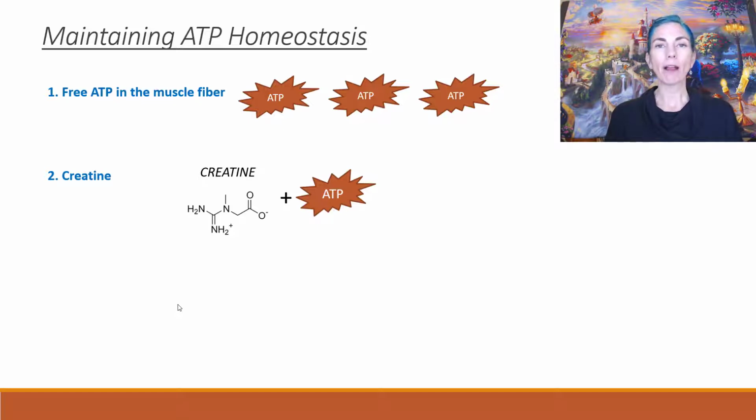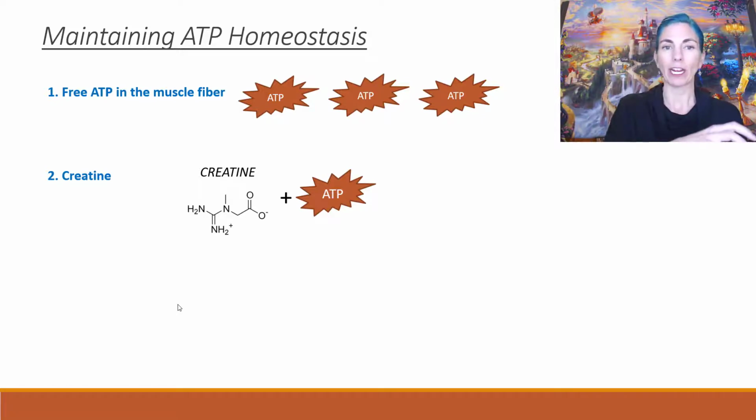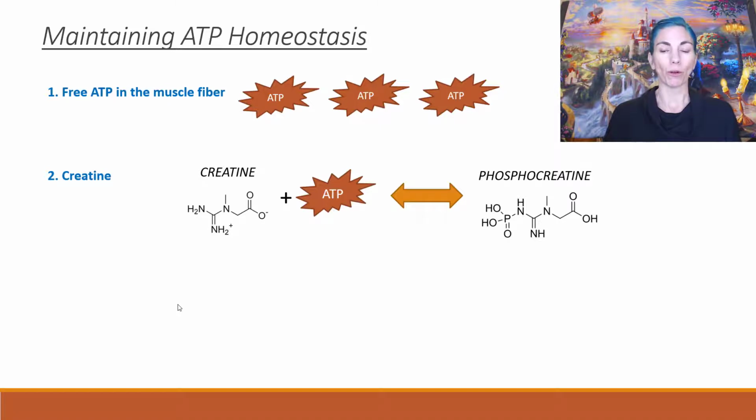Remember that when we talk about the energy value of ATP, it's largely in that third phosphate group. So I'm basically taking what is valuable about ATP and transferring it to creatine. And so the resulting molecule is phosphocreatine. You can see that here, there's the phosphate group attached to creatine, and then ADP.